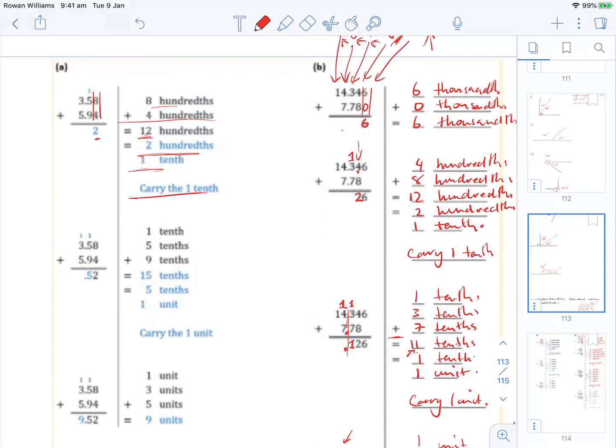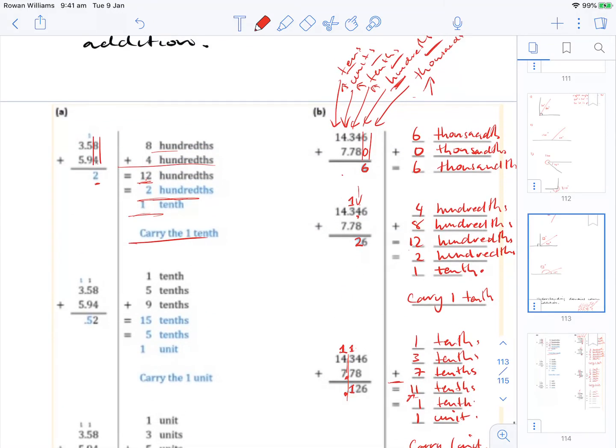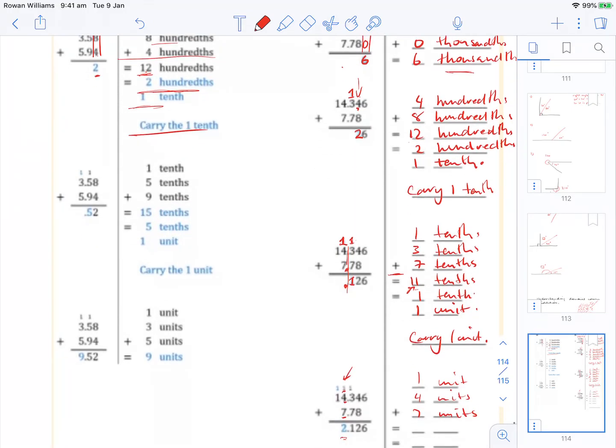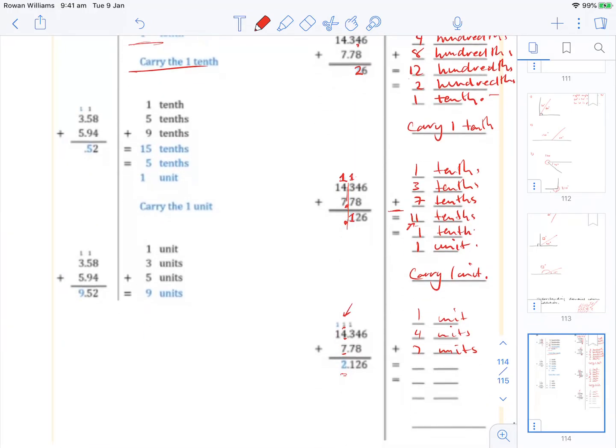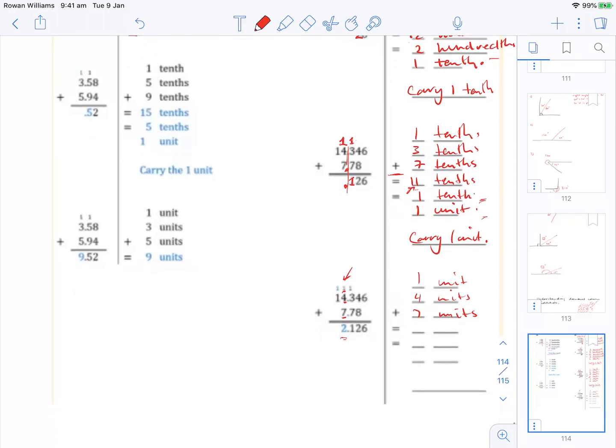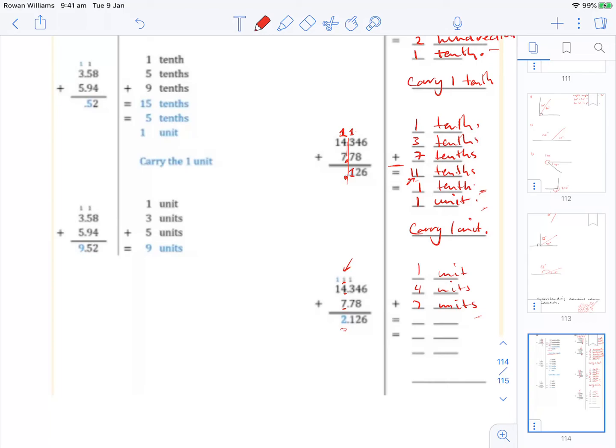Hopefully we're also noticing here, as we've gone across from right to left, thousandths, hundredths, hundredths make tenths, tenths make units. Now I'm onto units, and units are going to make tens. 1 plus 4 is 5, plus 7 is 12 units. And 12 units equals 2 units plus 1 ten.